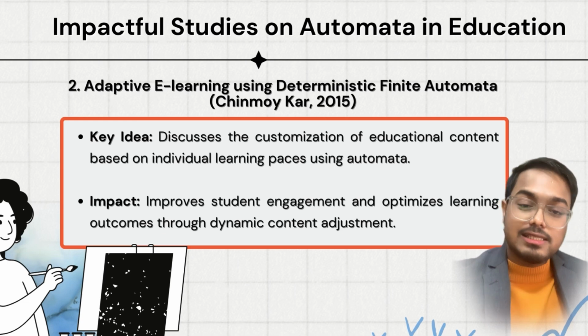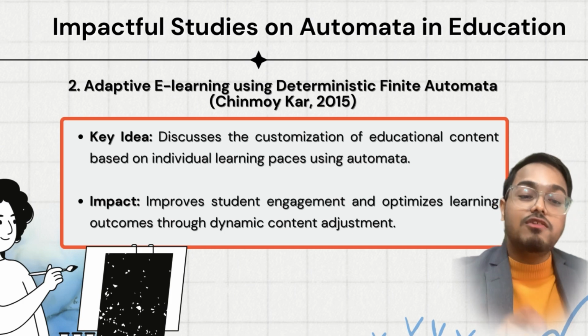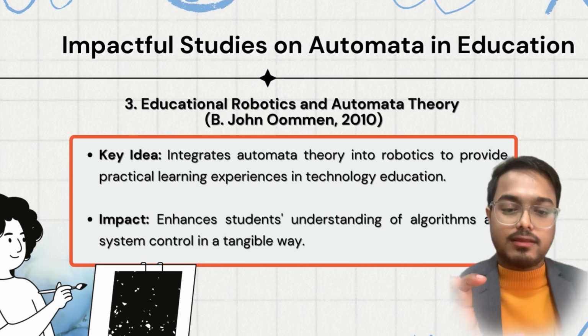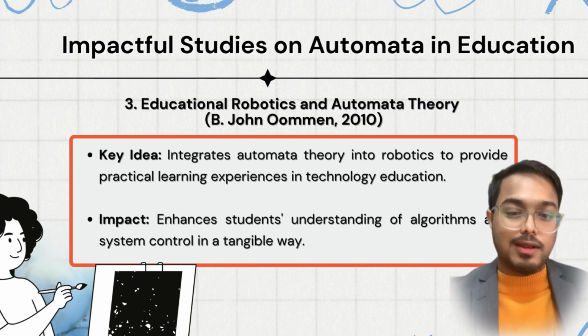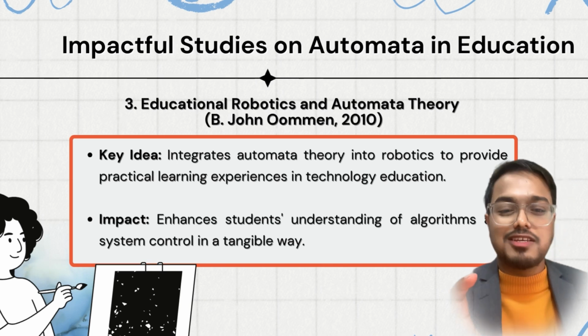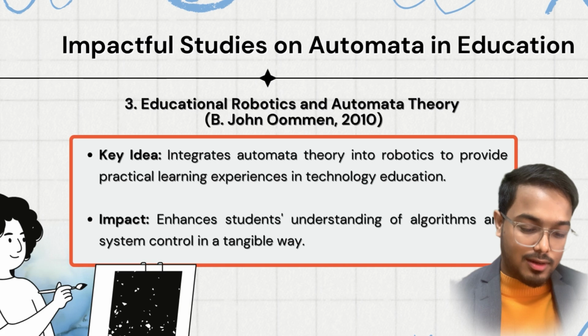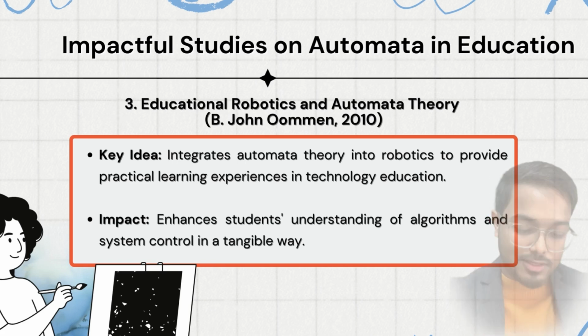It basically discusses the customization of educational content based on the individual learning pace using automata. And then the third paper by John Uman, Educational Robotics and Automata Theory. It integrates robotics into automata theory to provide practical learning experience in technological education.